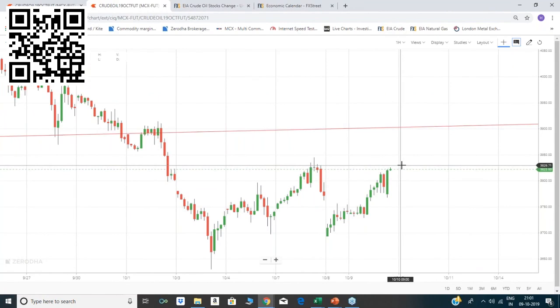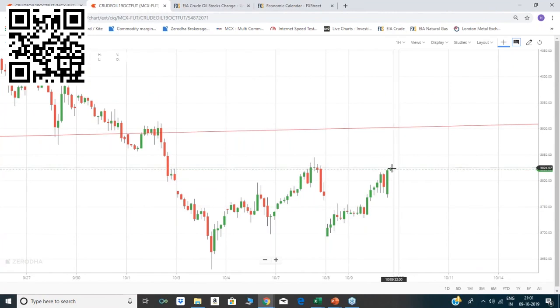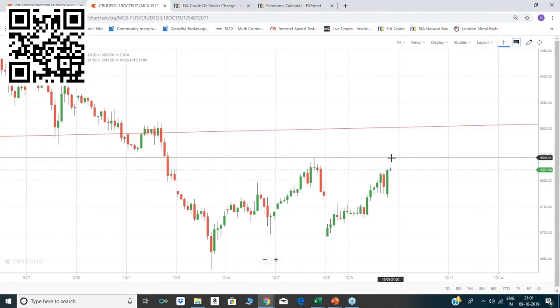And again, the technical setup will give us a complete entry and exit zone. See, just see where it has stopped. This is the prior resistance zone, right? If this is broken, then this would be the target. It will take time.